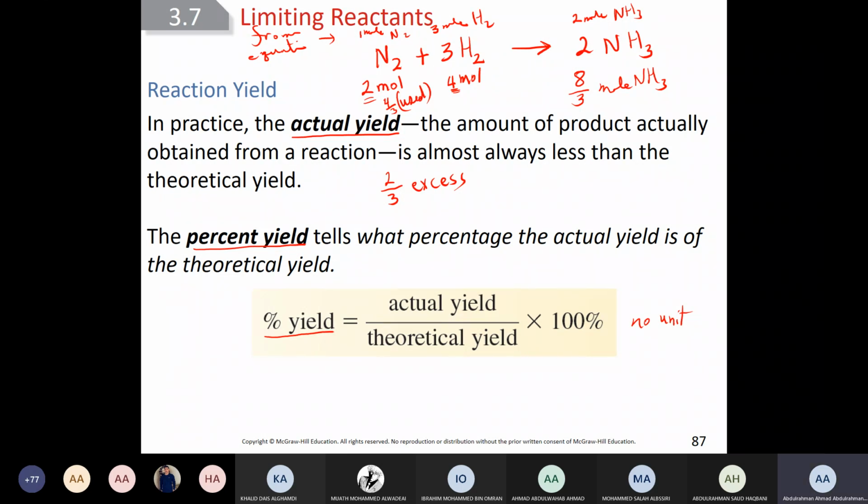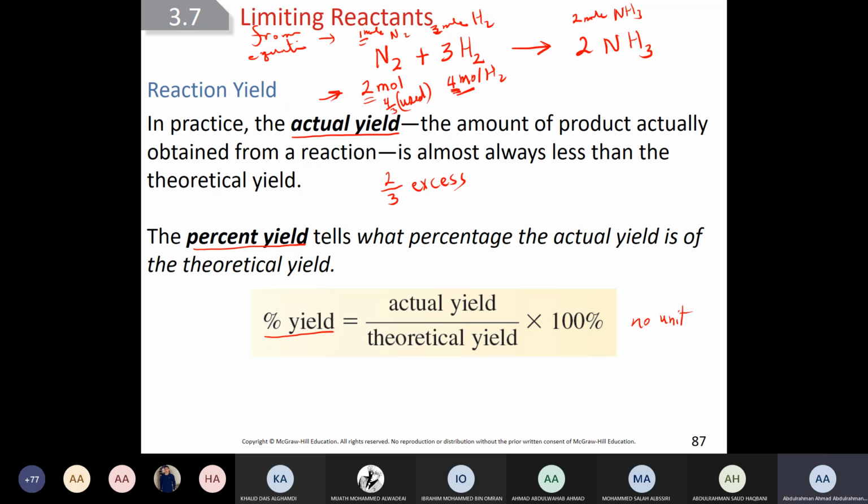Now, in the lab, I gave you 2 mole of N2 and 4 mole of H2. I mix that 2 mole with 4 mole. Now, I know that 1 mole needs 3 mole. If I have 4 mole of H2, what do I need from nitrogen?